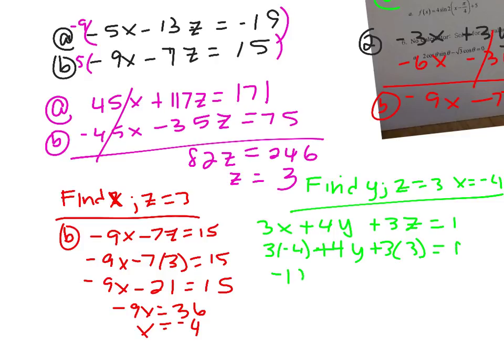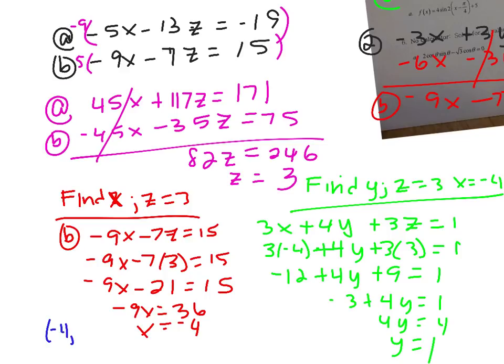So that's negative 12 plus 4y plus 9 equals 1. So negative 12 plus 9 is negative 3 plus 4y equals 1. 4y equals 4 when I add 3 to both sides. Divide by 4, I get y is equal to 1. So my solution is negative 4, 1, 3.